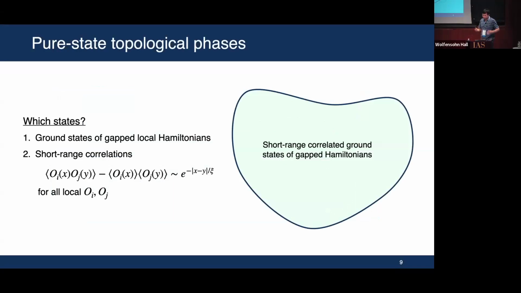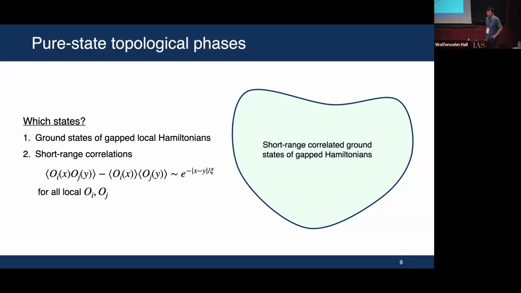Let's first quickly review what we mean by phases in the case of pure states. This is most well understood when we have a topological phase, meaning we have the ground state of some gapped local Hamiltonian. This is the case where we understand everything most clearly. Of course, we can talk about phases when there's no gap, but let me restrict to the case where we understand everything best.